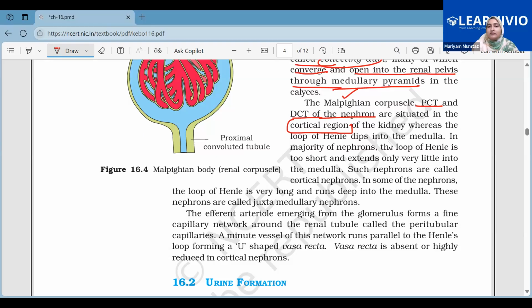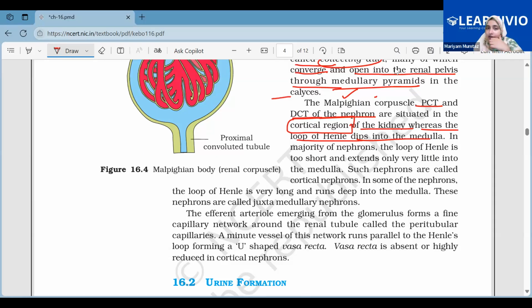Cortex is peripheral and medulla is in the middle. Okay. So the Malpighian corpuscle, PCT and DCT of the nephron are situated in the cortical region of the kidney, whereas the loop of Henle dips into the medulla. The other parts are present in the cortical region, but the Henle's loop, that hairpin structure, dips into the medulla.